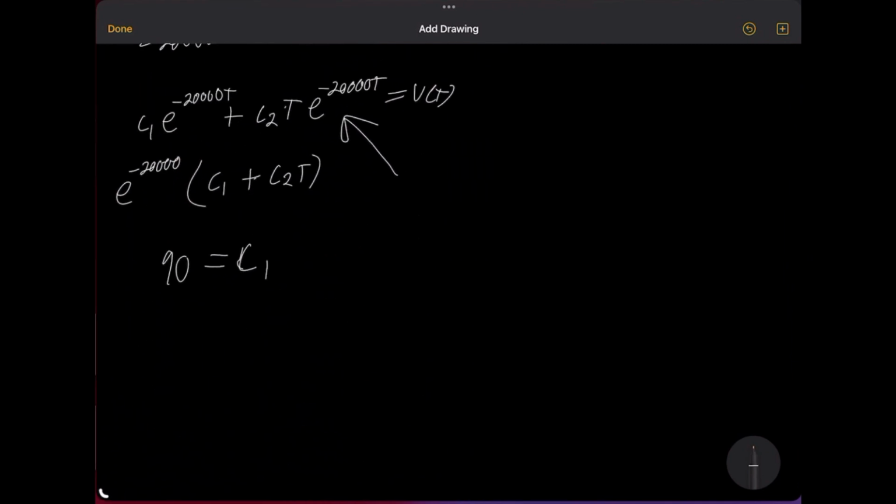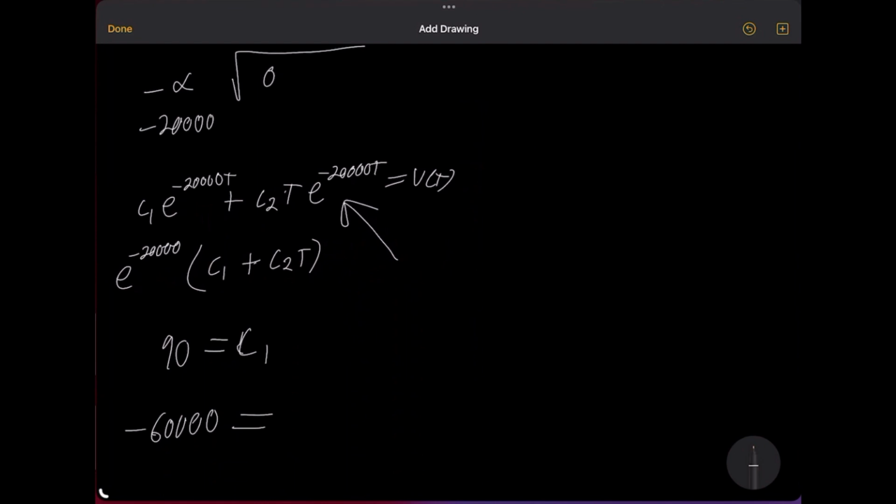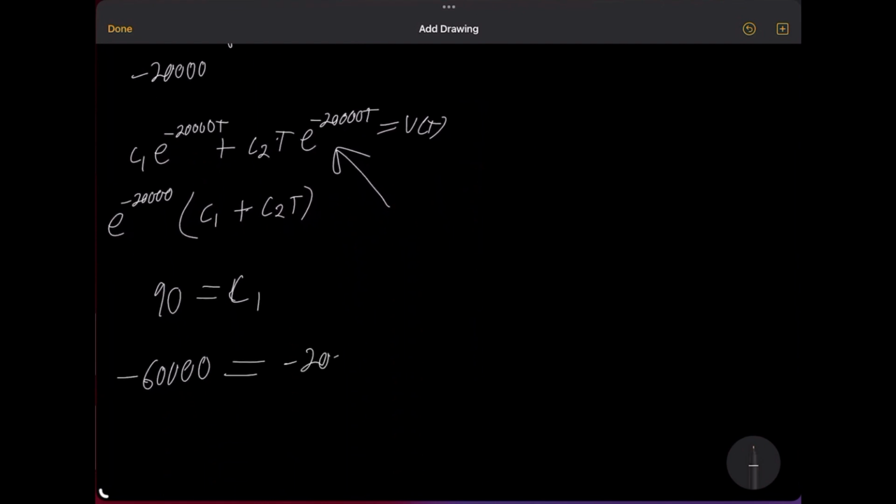Alright. So negative 600,000 is equal to the derivative of v at 0, and we need to find the derivative of v of t. It's going to be negative 20,000 times C1 plus the derivative of this function, which is C2 e to the negative 20,000 t.